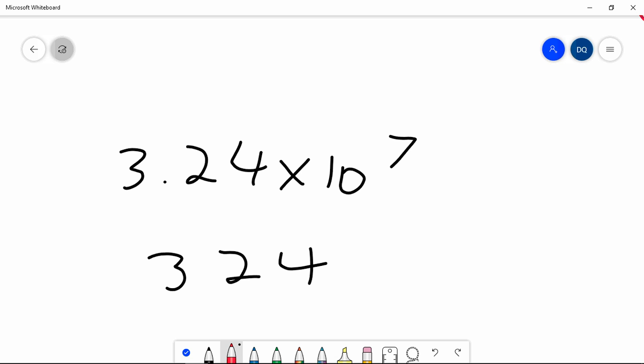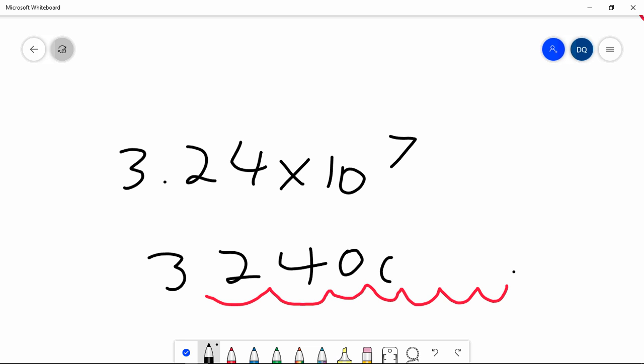And if my decimal was here, I'd have to move it 7 spots. 1, 2, 3, 4, 5, 6, 7. It goes there. So let's put the decimal there, and then we got to fill all these in zeros. So don't be tricked. That number 7 does not mean I have 7 zeros. It just means the decimal moves over 7 times. A couple of the moves were to get past the 2 and the 4.